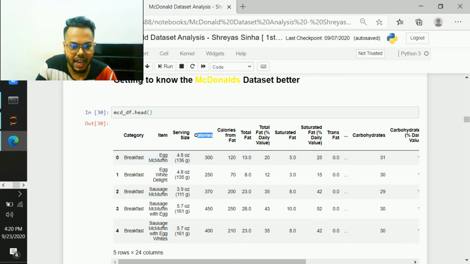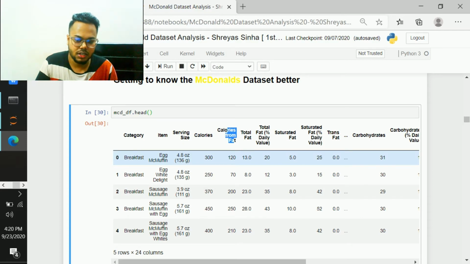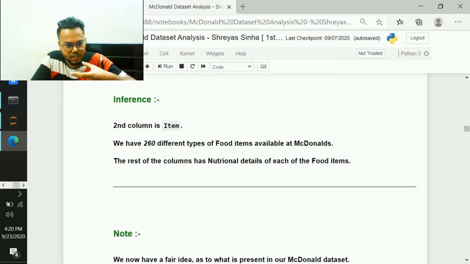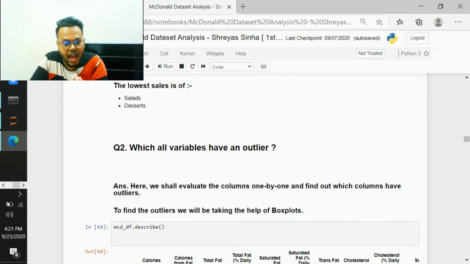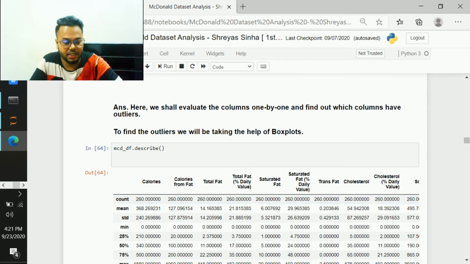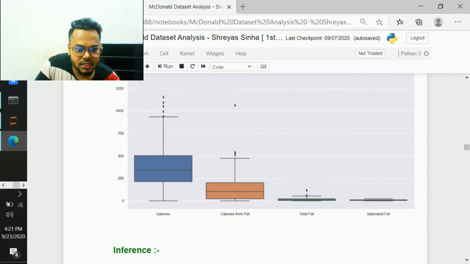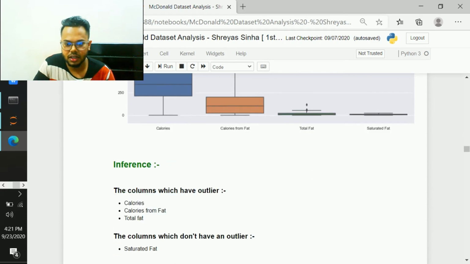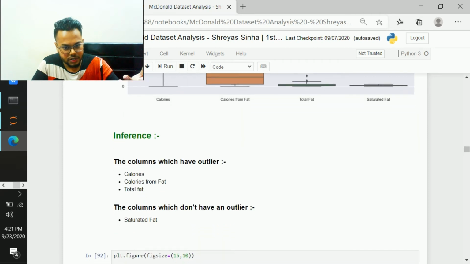So there are calories, calories from fat, saturated fat. These are all numerical columns, and these are all constituents of the food being offered at McDonald's. We are trying to understand which food constituents have outliers. So calories from fat has outliers, saturated fat does not have an outlier. Again, there is an inference. I just wanted to make it very simple, very clear.